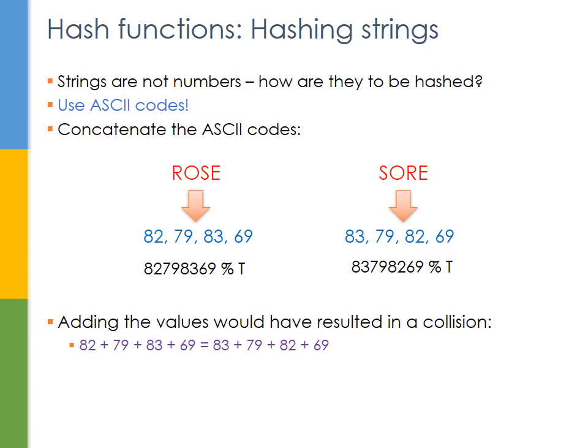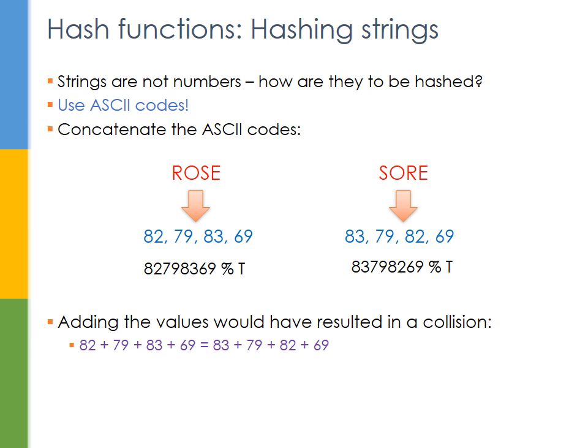And I think this is also a good illustration of why, in some cases, certain hash functions are better than others. So concatenation clearly preserves uniqueness, while if I decided to add the ASCII values together, I would actually have ended up with a collision, because I know the ASCII values are the same.